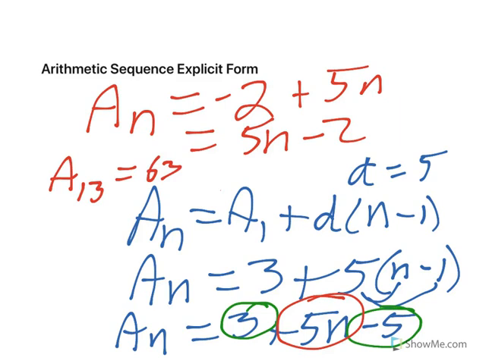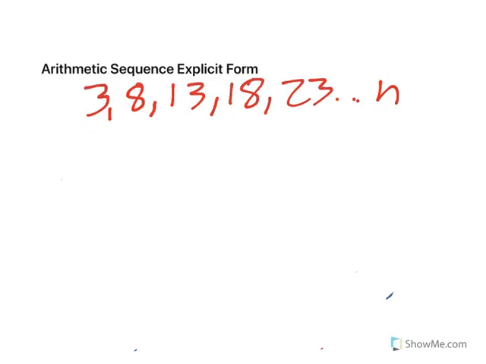And that's how you find the explicit form for a given sequence. You need to know a1 and you need to know d, and if you plug it into the general formula, then it'll give you the explicit form for that specific sequence.